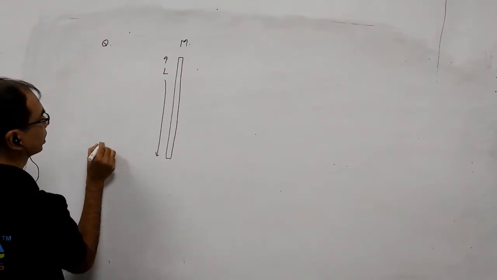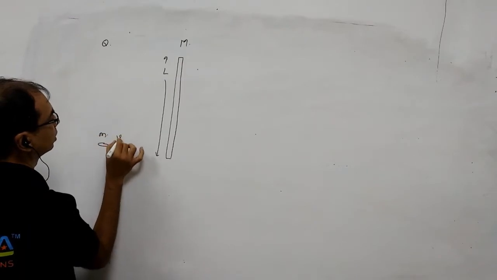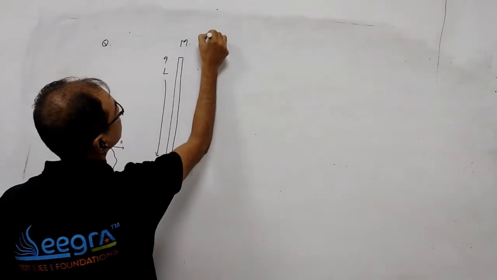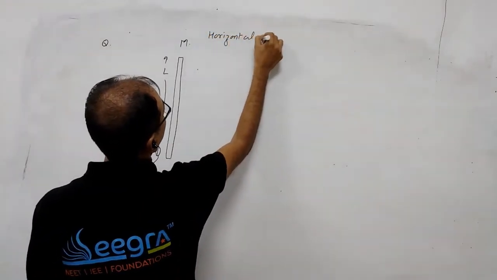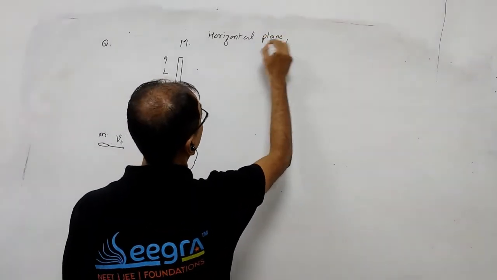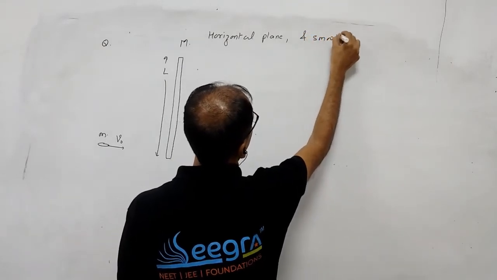Let's say it's striking from here, coming with velocity v naught, and this is at rest. Everything is horizontal, okay? Horizontal plane, frictionless, smooth surface. So no friction.